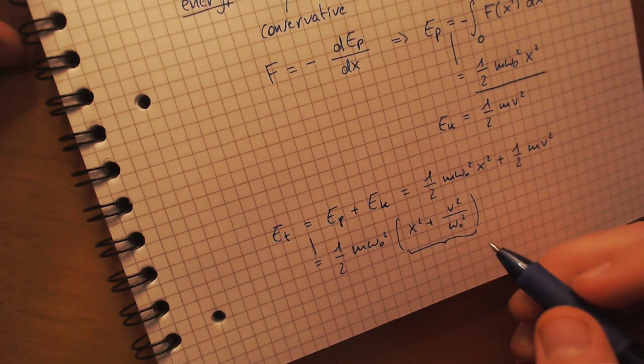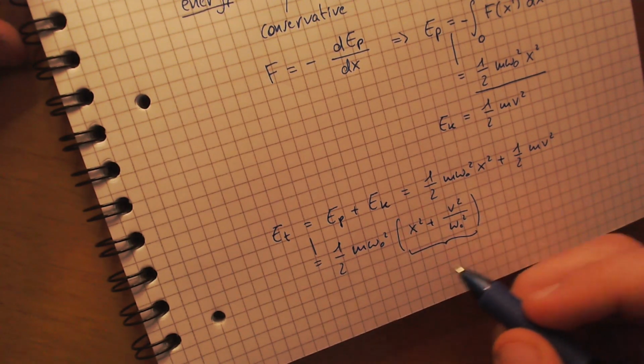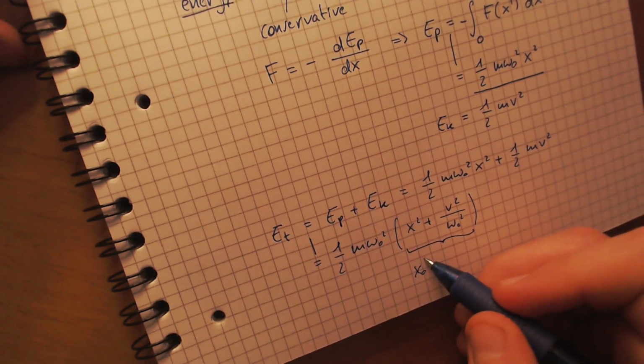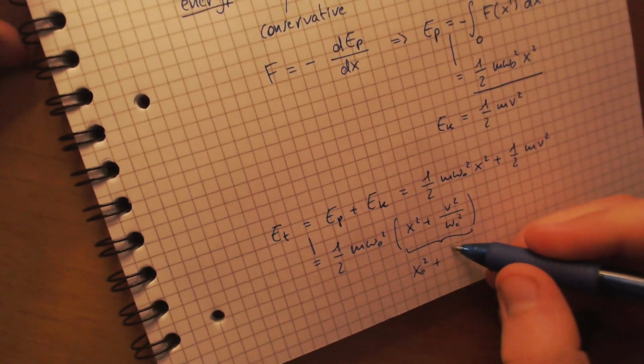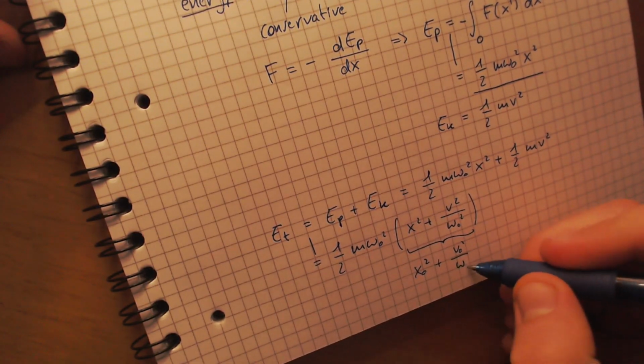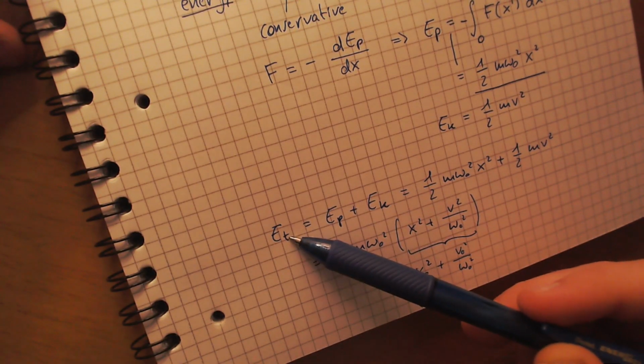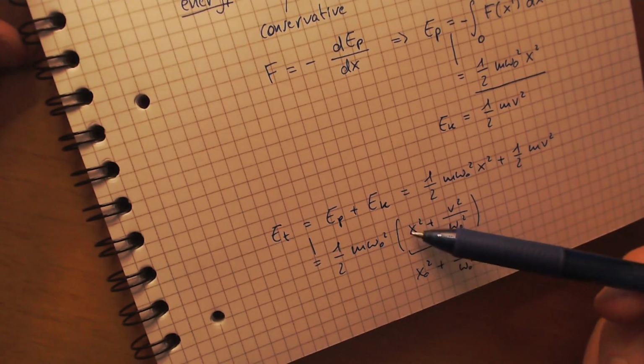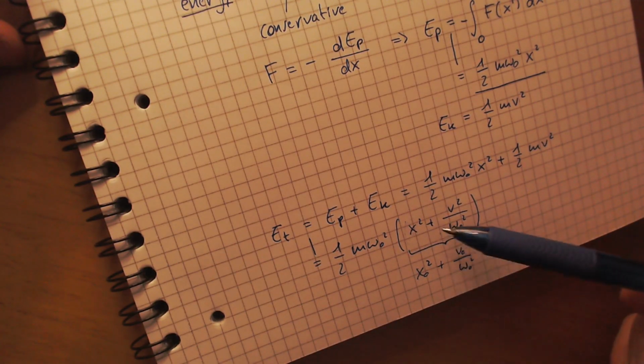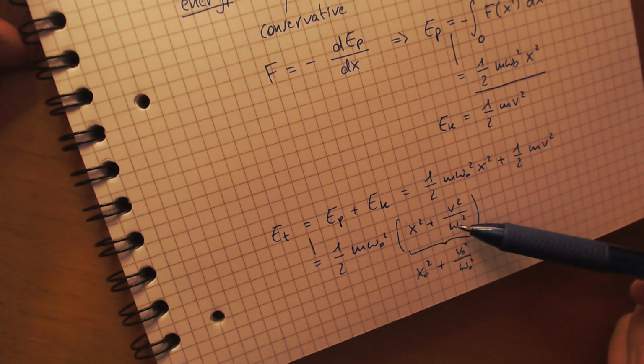But we know that this one is x0 squared plus v0 squared over omega 0 squared, because since the force is conservative, the total energy will be conserved. So since the total energy depends only on this term, basically it means that these terms will be the same at t equals 0 or at any time t different from 0.